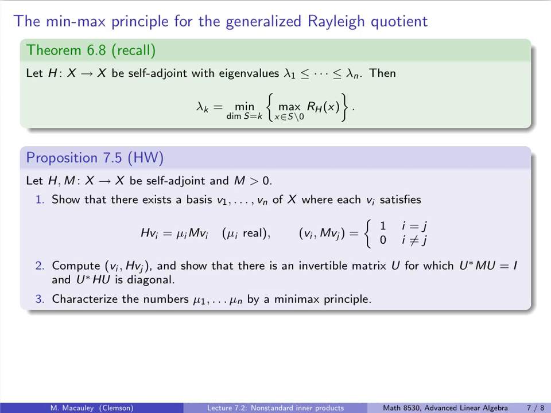And finally, I want you to characterize the eigenvalues mu1 up to mun by a minimax principle like this up here. So again, don't reprove it, just use the existing one and interpret this starting with the non-standard inner product and then write it in terms of the regular inner product.